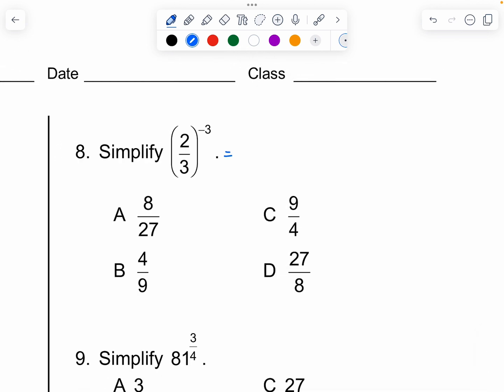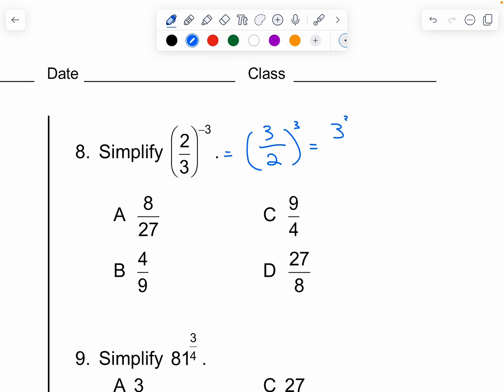Remember, negative exponents flip things, so when we raise a fraction to a negative power, we can just flip that fraction upside down and then make that power a positive. Once everything's flipped, the exponent turns positive.